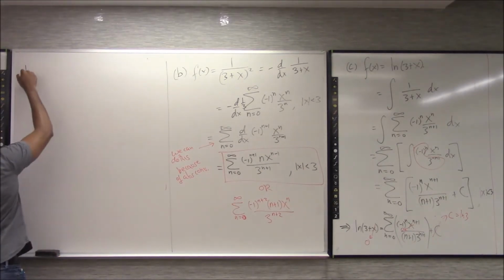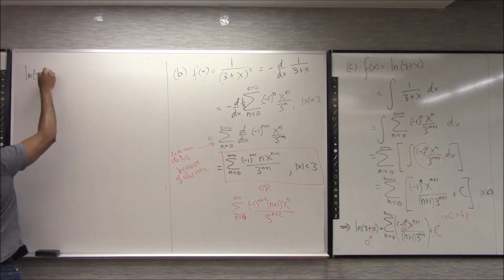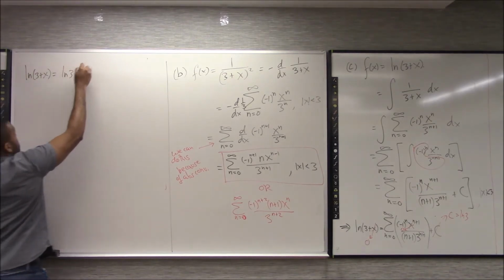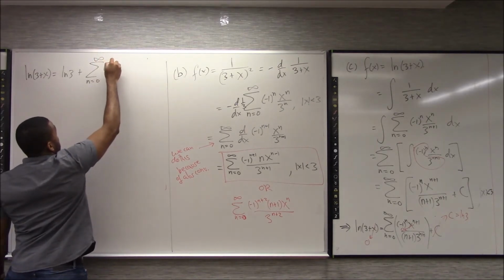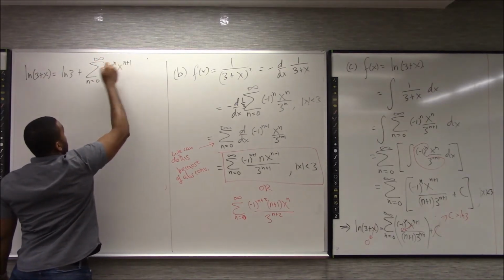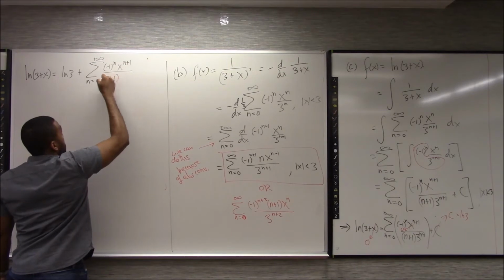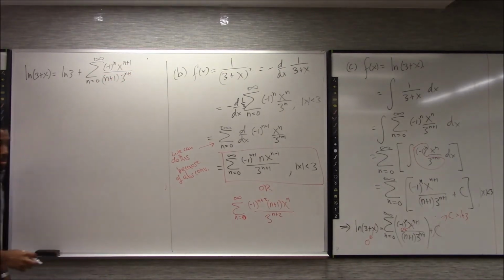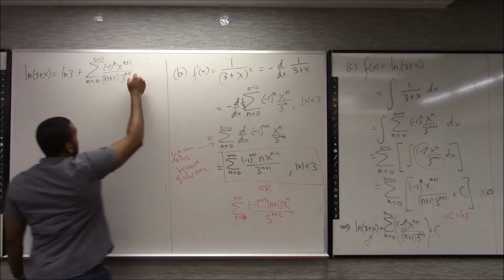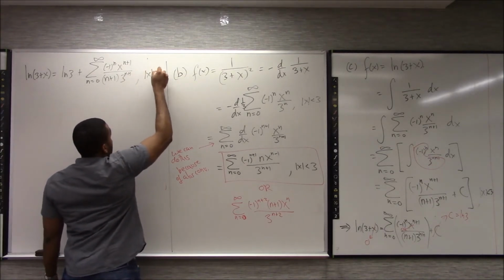So that way we can say that ln of 3 plus x, I can think of it as ln 3 plus this guy. And that works as long as we're on that interval.